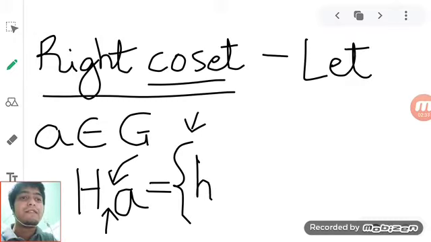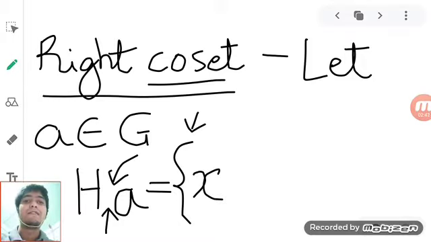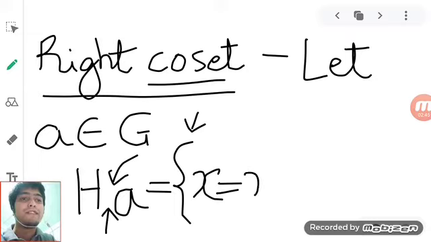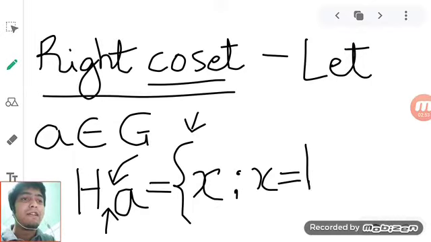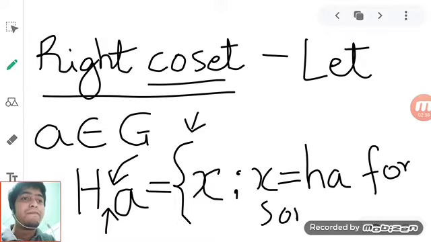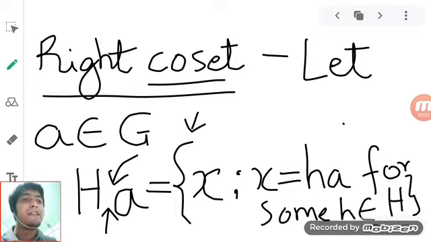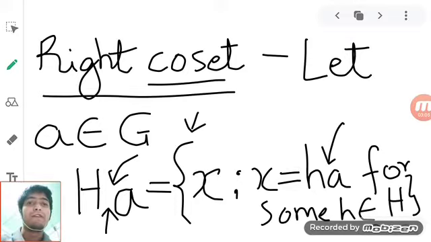It is a set of all elements X which can be expressed in this way, X such that X equals HA for some H belongs to the subgroup. Again, in between, it is the operation of the group, the star. It can be any operation. So this is how we will define a right coset.